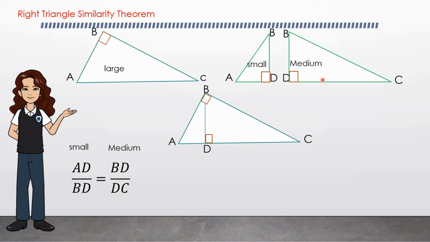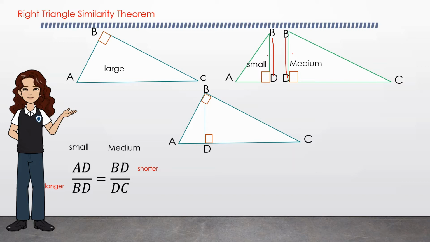And we notice that the same length is the segment BD, in the small triangle and in the medium triangle. And what part of this in the triangle? So, the segment BD in a small triangle, we call it longer leg. And the segment BD of the medium is the shorter leg.